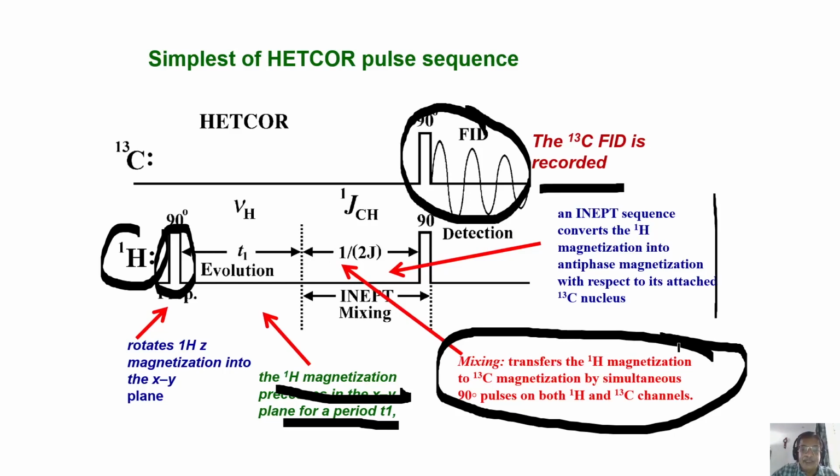So here it takes a 90-degree pulse, allow it to evolve for a time t1. After that, you wait a small time delay, which is equal to 1 over JCH, or 1 over 2 times JCH, do the polarization transfer, enhance the signal intensity, and then detect the carbon-13 signal with proton decoupling.